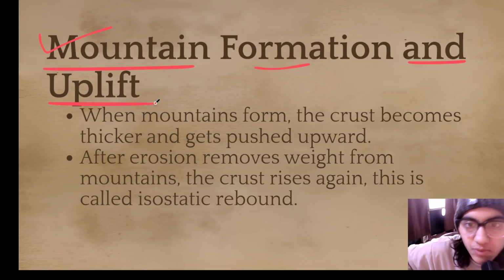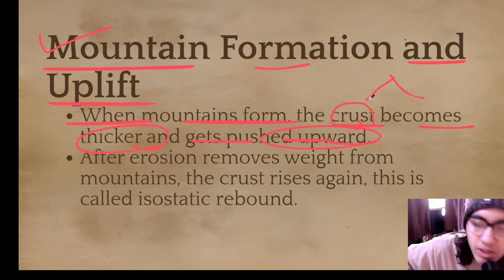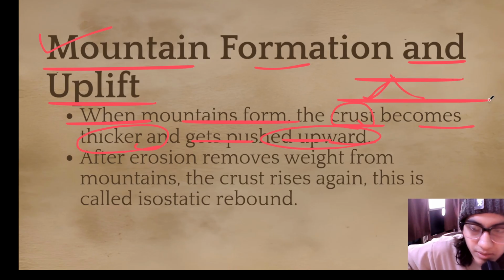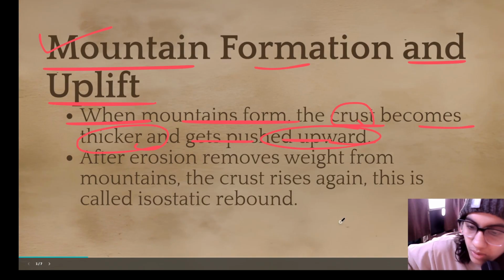So how does a mountain form? When mountains form, the crust becomes thicker and gets pushed upward. Basically, where the crust is thicker because of the deposition of sediments and rocks, the crust becomes thicker and is pushed upward, sorry, not forward, upward.